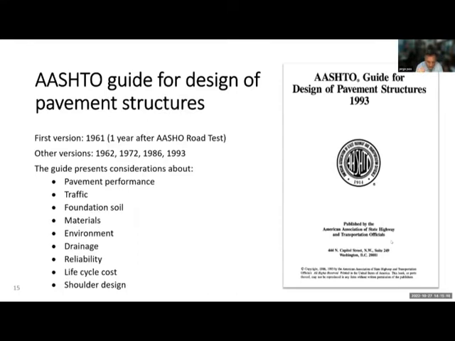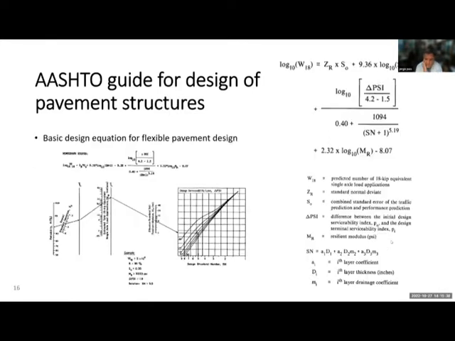This topic, shoulder design, was considered in the previous full-scale test because the engineers at that time considered that the shoulder had an important influence on the behavior of the pavement by confining the pavement structure. So the most important equation from the AASHTO guide is the equation for design of the road pavement.